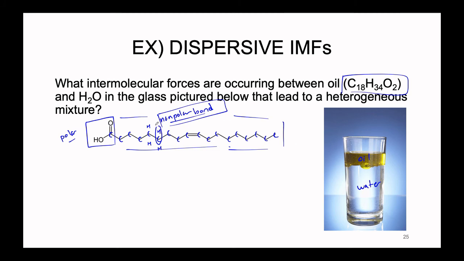Well, if we allow for two options, let's say either another water molecule or another oil molecule is going to approach this oil molecule, which is going to be more stable in interacting with the oil? Well, if we illustrate a water molecule approaching, water we know, again, is a very polar molecule, and it's capable of forming a great number of electrostatic intermolecular forces.